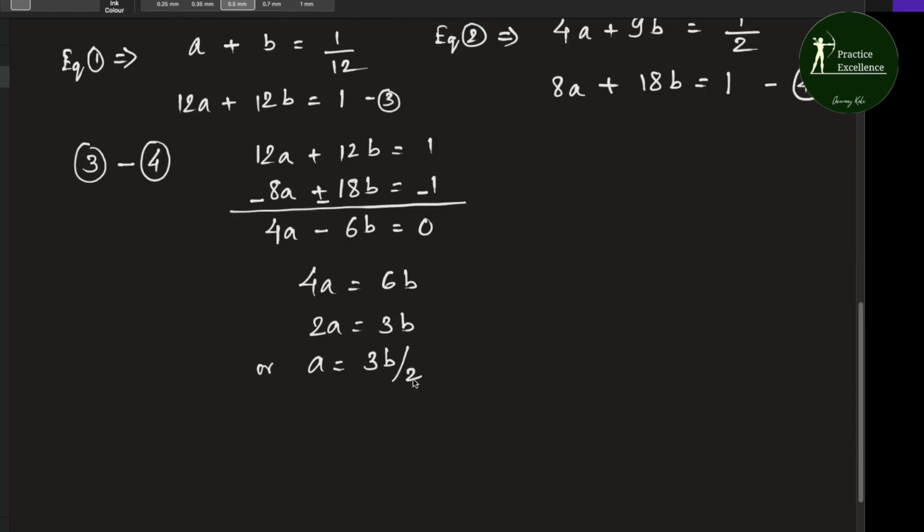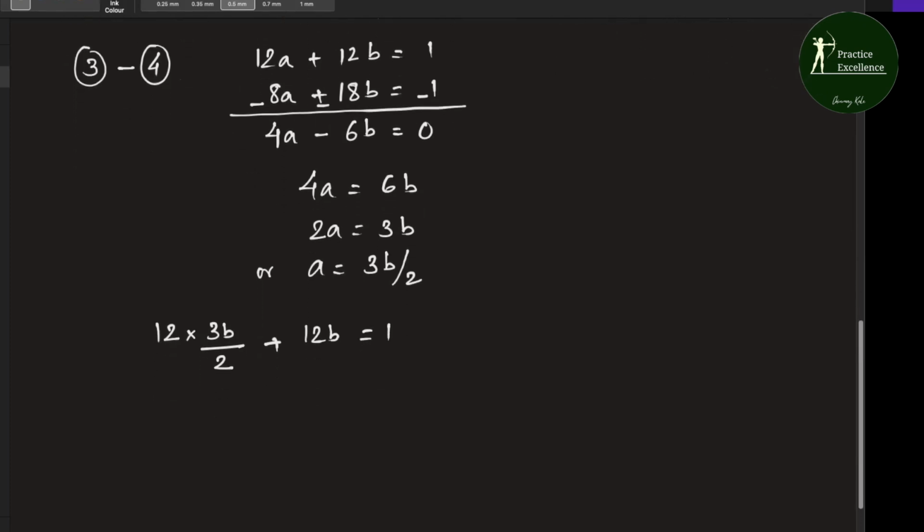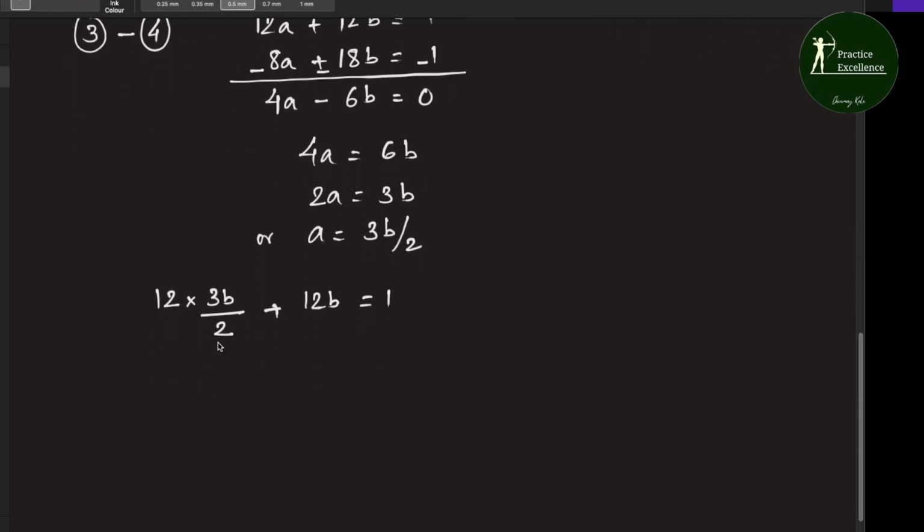Now with this value, we can substitute this value in any of these equations. Let us use equation number 3, where we substitute this value. So which is 12 into a, that is 12 into 3b by 2 plus 12b equals 1, which gives me what? So this cancels out.